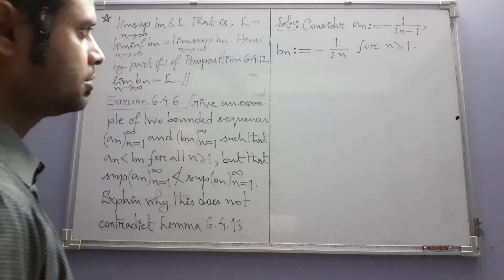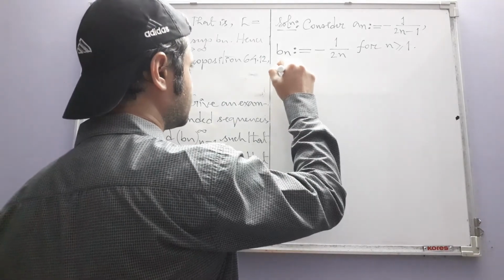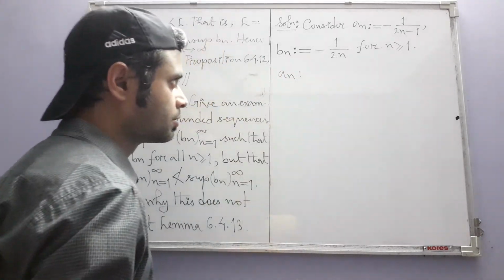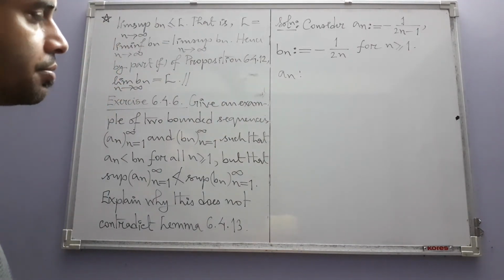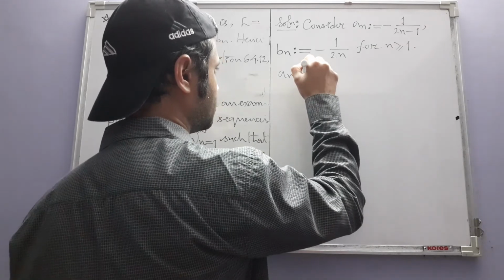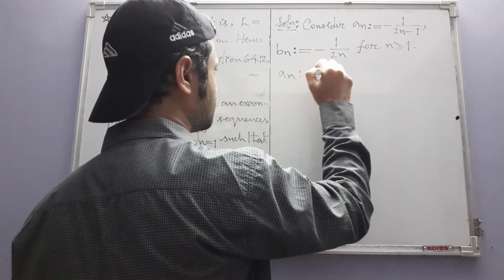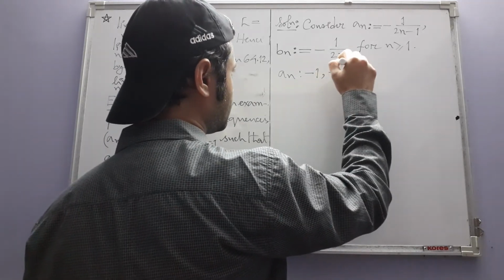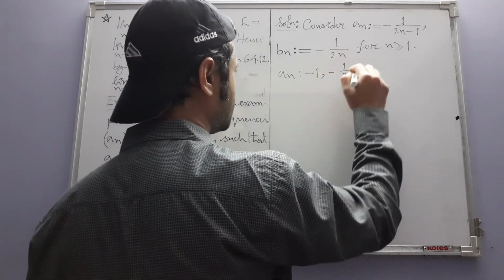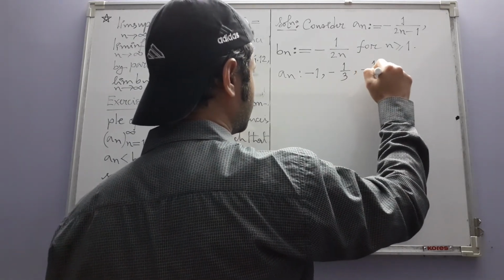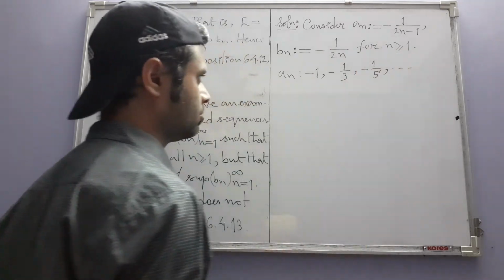So that means if we write the terms of the sequence An, the first term will be what? We would put n equal to 1, so minus 1. Then the second term will be minus 1 over 3. The third one will be minus 1 over 5, and so on.